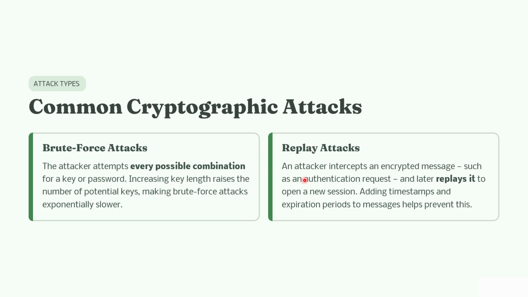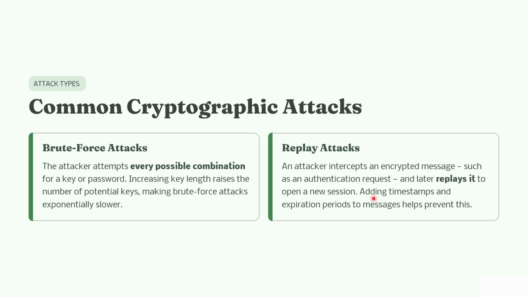And the replay attack: the attacker intercepts an encrypted message, such as an authentication request, and later replays it in a new session. Whenever we receive an authentication request, the attacker will pause it for some time and send the same request again. For example, when we use the Microsoft Authenticator, if an attacker hacks it, the authentication request will be delayed, and we cannot log in to our email.